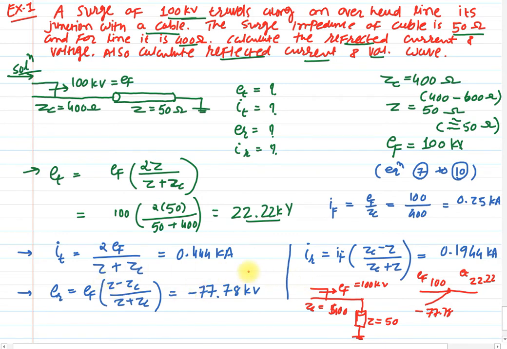So if you sum up, we have the generalized equation for the voltage, just recall equation number 4 in the previous theory. ET is equal to EF plus ER. So if you substitute the value of ET, which is equal to 22.22, EF is equal to 100, and ER is equal to minus 77.78, it is almost equal to 0.